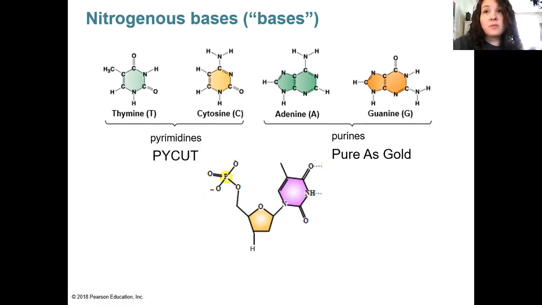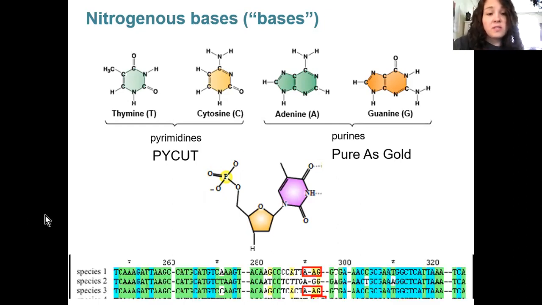Very important to realize that the cell stores genetic information in these nitrogenous bases. So when you see a string of letters like this, for example, in a DNA alignment, these letters represent the bases and the order of the bases. And if we know the order of the bases, we can actually tell which amino acids the DNA is calling for and therefore which protein it's going to make.